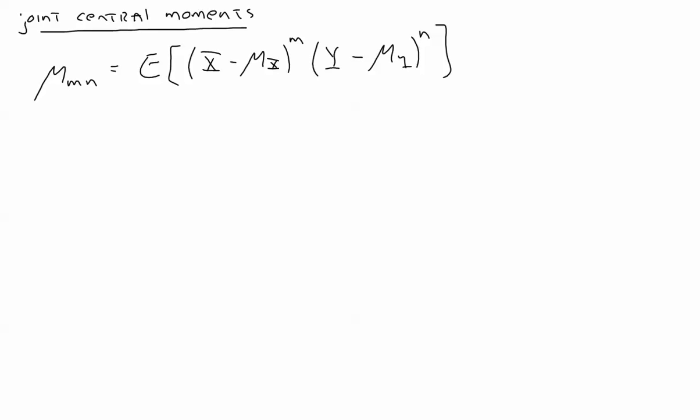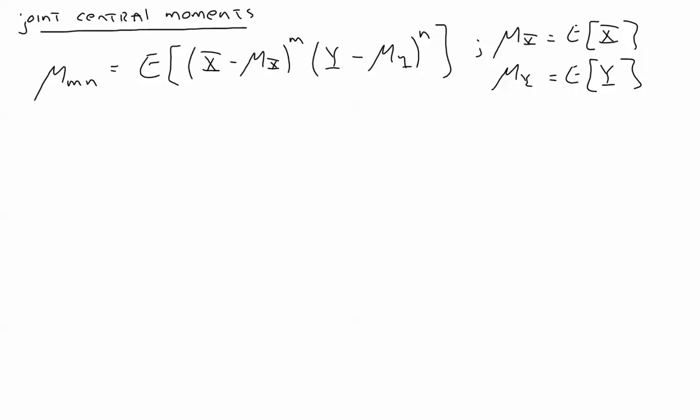In both cases here, mu x is the expected value of x in isolation, and mu sub y equals the expected value of y in isolation.